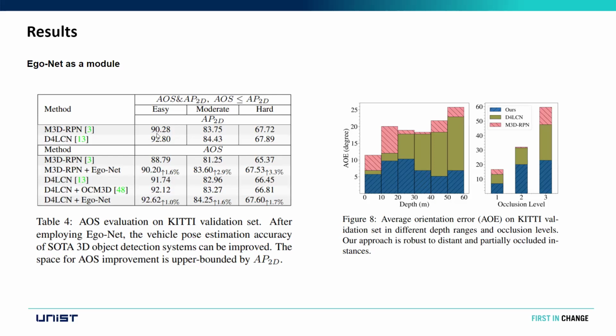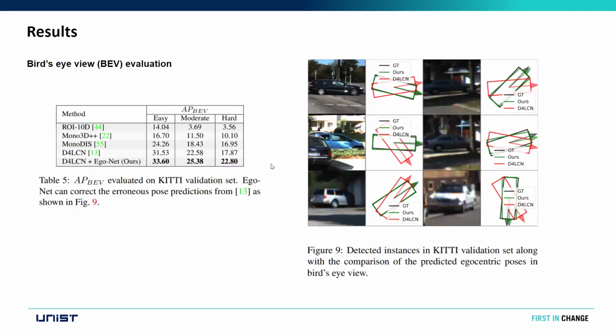It cannot outperform the 2D, but it can go up to 2D, which is a huge improvement compared to when we don't have Egonet in them. So Egonet also can be used as a module. And there is also some evaluation in bird's eye view. As you can see, the Egonet is much closer to the ground truth than any other models.